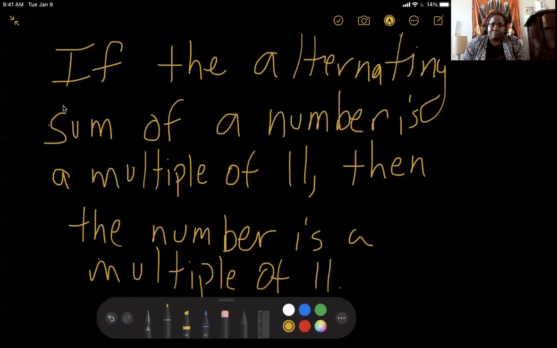Is this true for those 2-digit multiples of 11? Perfect. Why? Exactly. You add a number, you take away that same amount, you're at 0, and 0 is a multiple of 11. Perfect. Wonderful, beautiful, amazing.